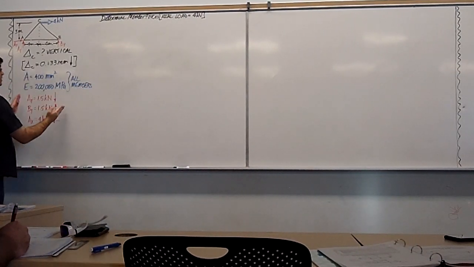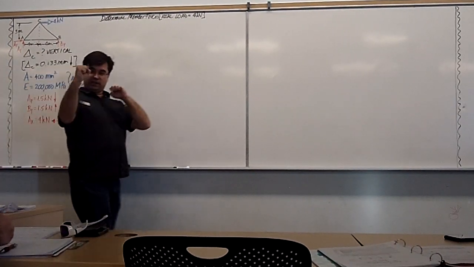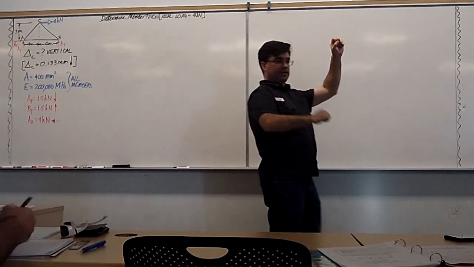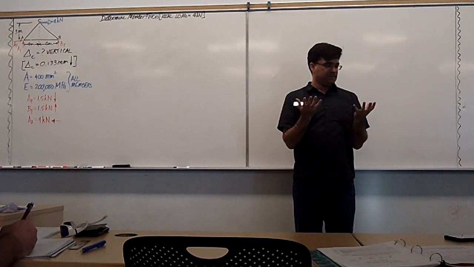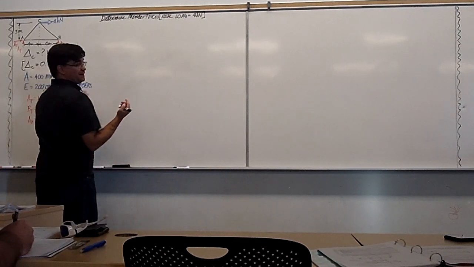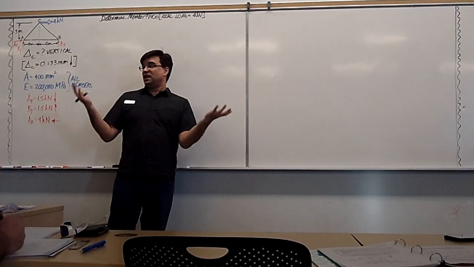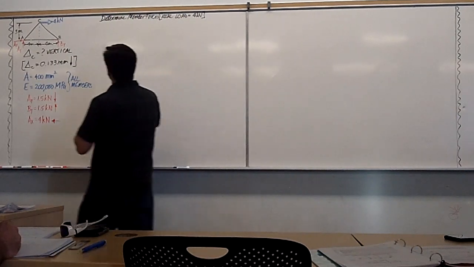So now that we have these reactions, we can now go inside the truss, joint by joint, and figure out all the forces inside the truss. Okay? Where do you want to start? We have 3. A, B, or C? Sure. Why not?